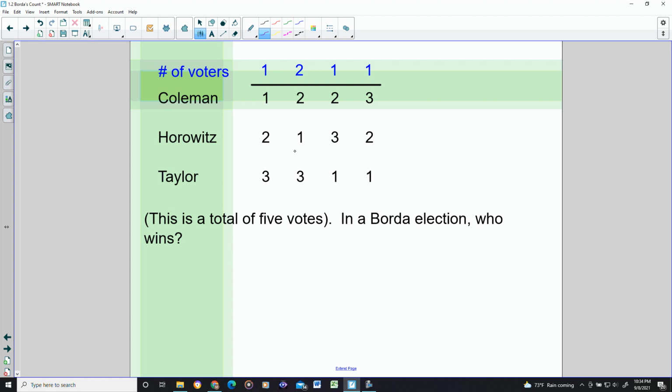Let's start with Coleman. Coleman gets 1, plus, now there's a 2 here, but don't forget 2 people voted that. So we're actually going to multiply 2 times 2. That's going to give us 4, plus 2, plus 3. We add that all up, and Coleman gets 10 points.